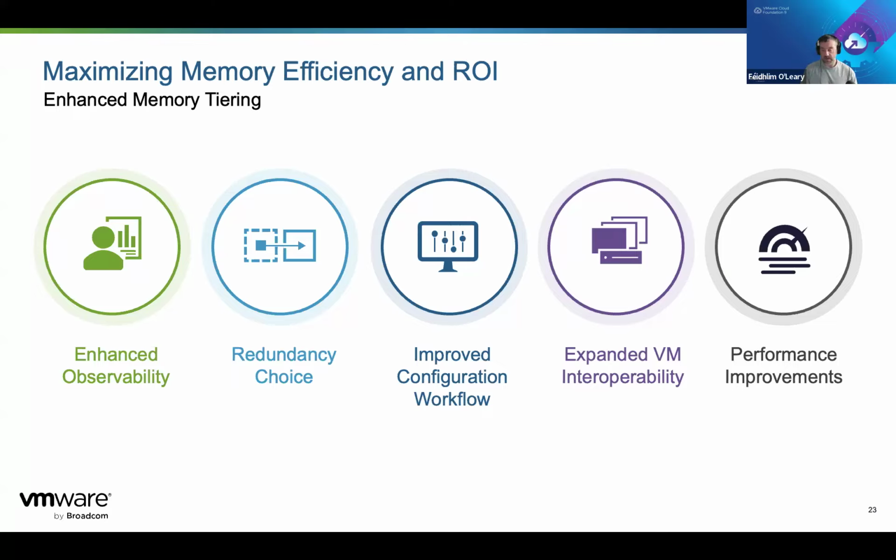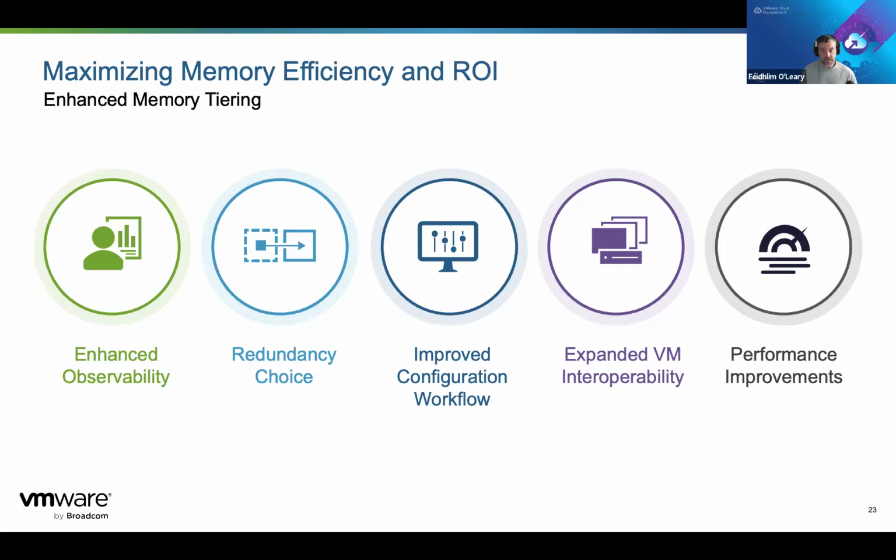Now, memory tiering was first released in 8 Update 3 and 9.0. There's some enhanced observability built into the vSphere client. So now you can see at a glance at the host and cluster level, in the summary tab, some additional metrics about capacity and performance. There's a lot more that's ingested and viewed from VCF Operations.